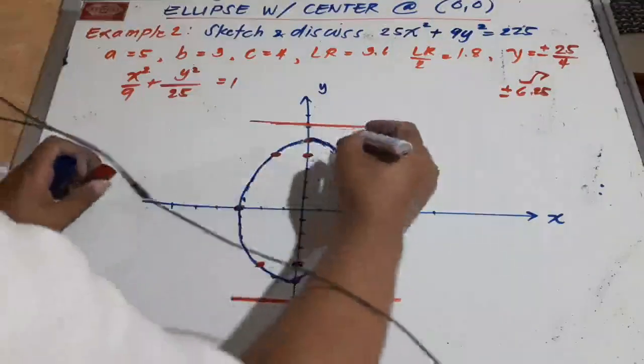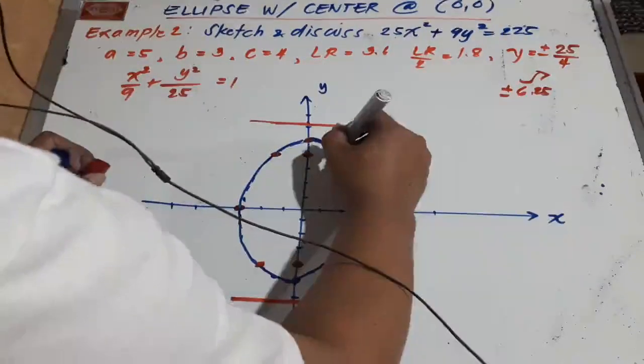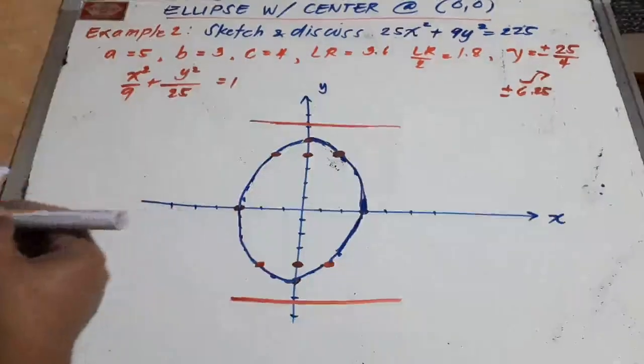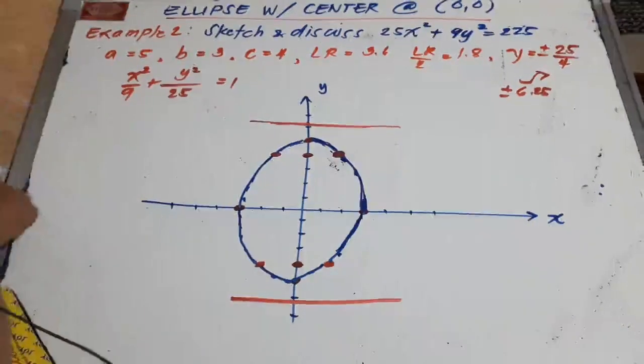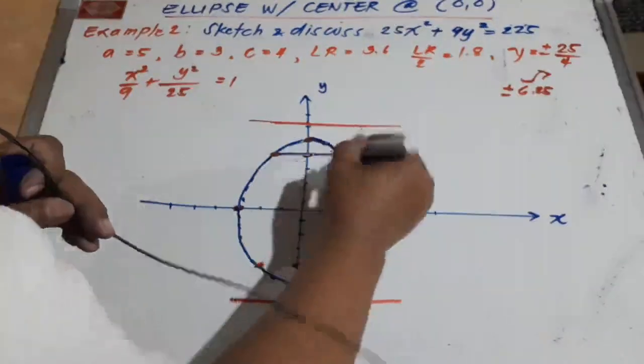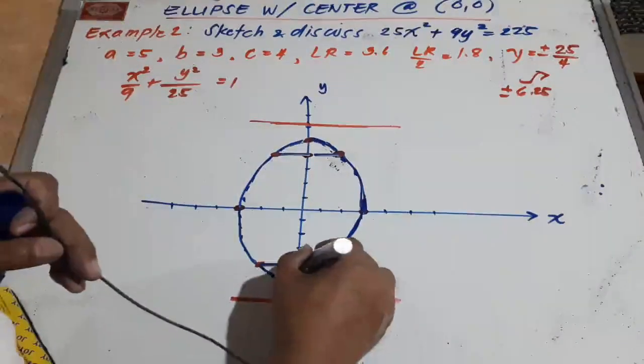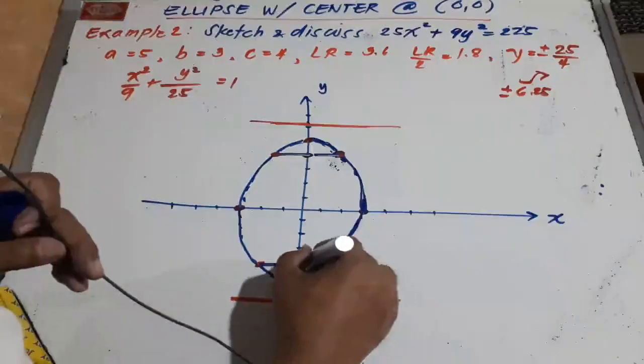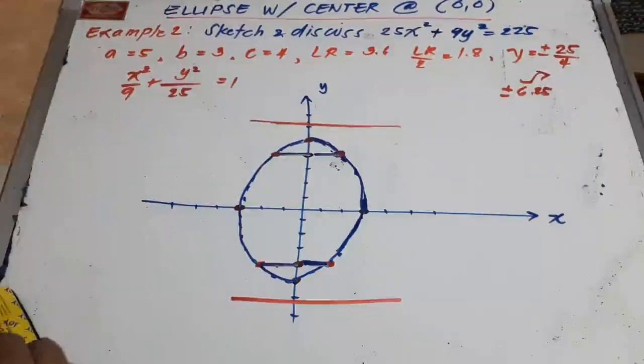Saan dito yung ating endpoints. Okay. So ito yung ating lateral recta. Dalawa. Yan. Okay. So lagay natin yung mga ordered pairs, yung mga points na to.